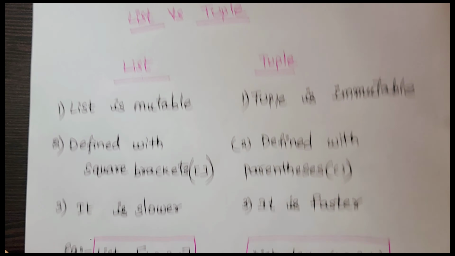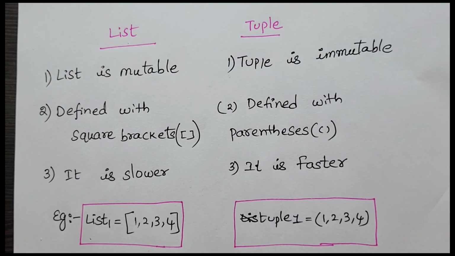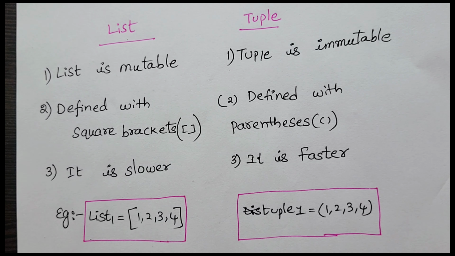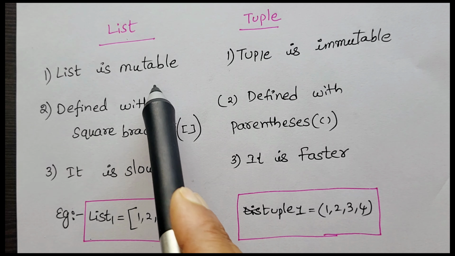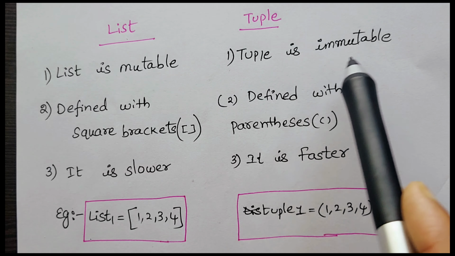Now let us discuss the differences between a list and a tuple. A list is mutable, a tuple is immutable.